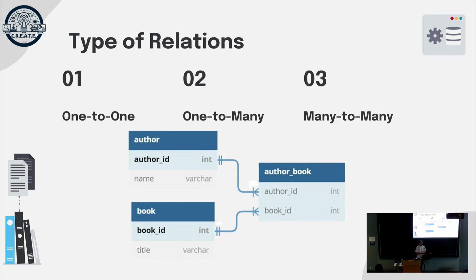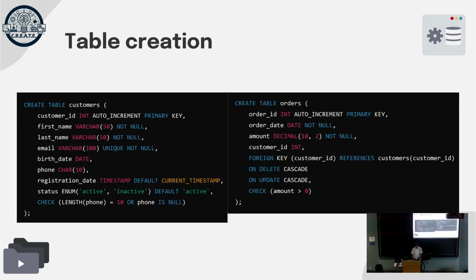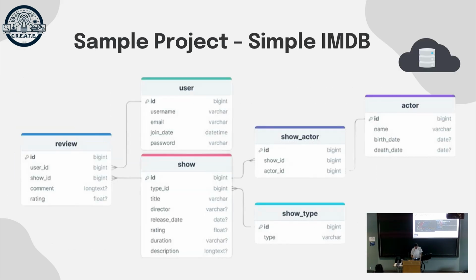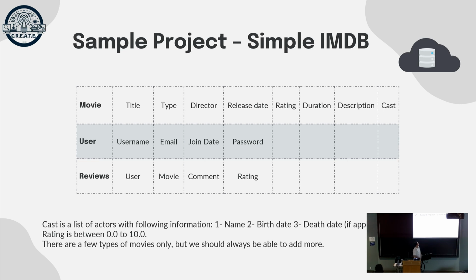I want you guys to design a small database for two more. We have this sample IMDb database, where each movie has those fields, and we have a user that can interact with them, and then we have reviews for each user.